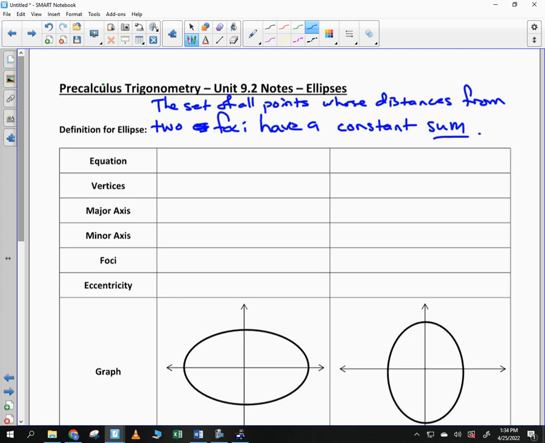Set of all points whose distances from two foci have a constant sum. So what the heck does that mean?